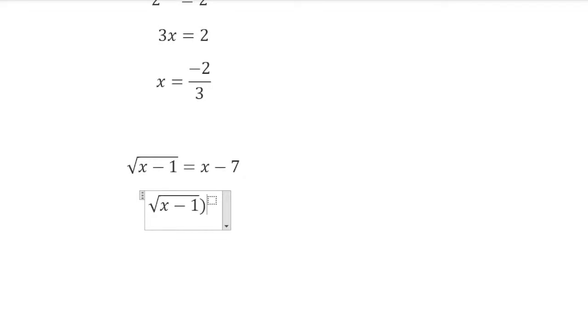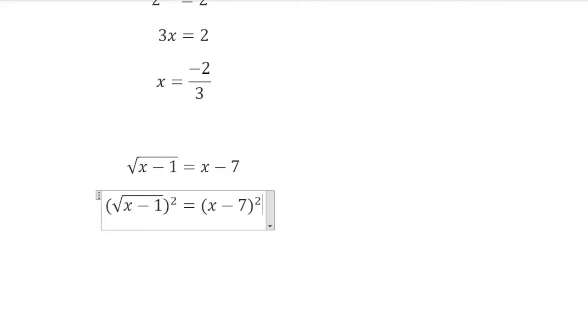Let's put the brackets so that we don't mess up the equation. On the right hand side, you have to square as well.